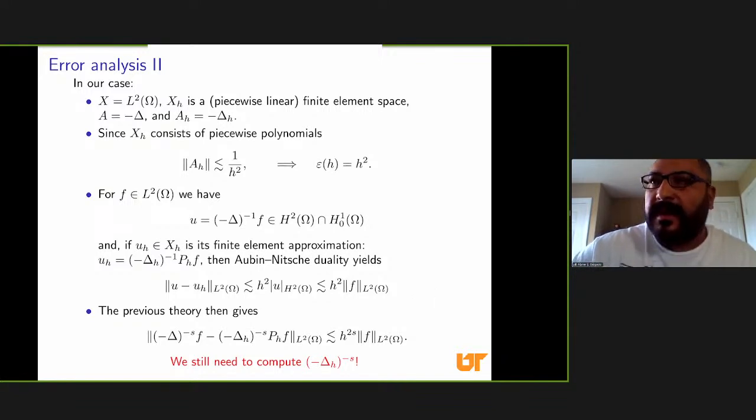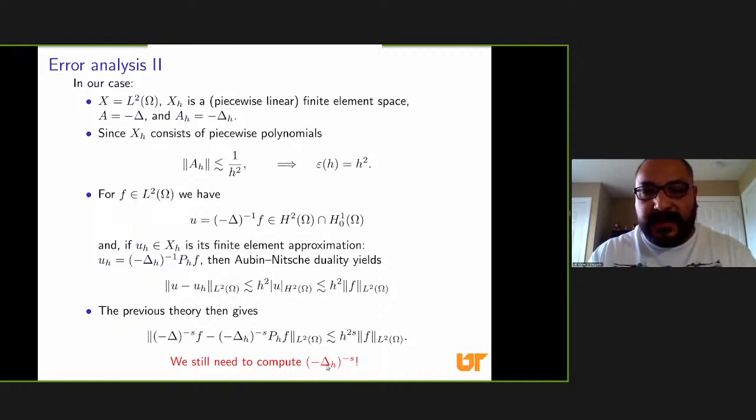I think in the case that r was 0 and a was 2 or something like that. But of course, we still need to compute the inverse of the Laplacian to the power s. Of course, you can do the whole eigenvalue decomposition, but that's still complicated.